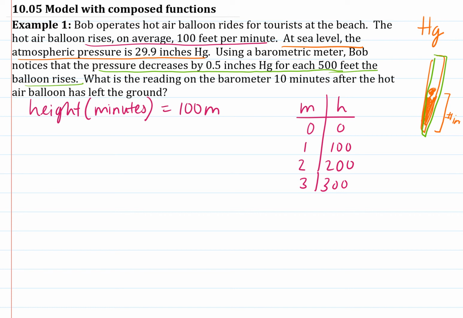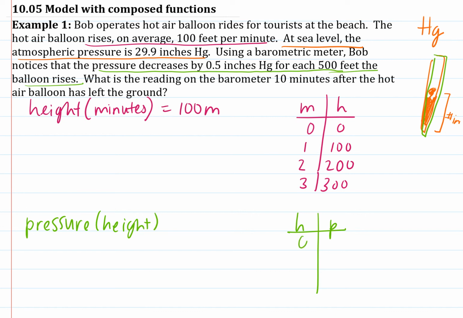Okay, let's see what's going on here. The pressure seems to be a function of the height. So I've got pressure in terms of the height of the balloon. I don't know what this is saying, so let's make a table of values and see if we can sort out this relationship.